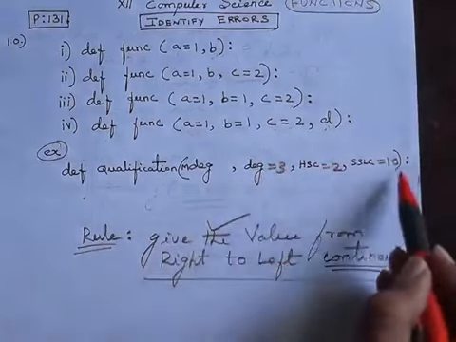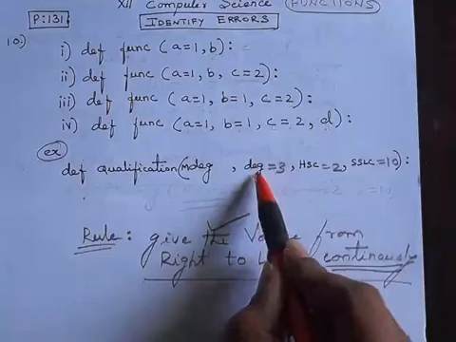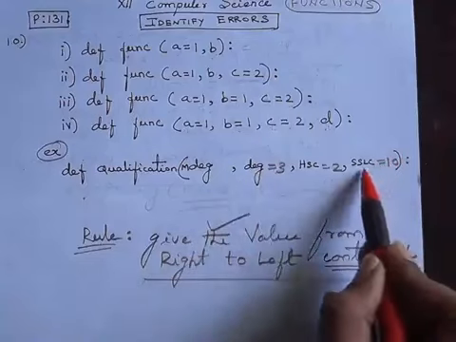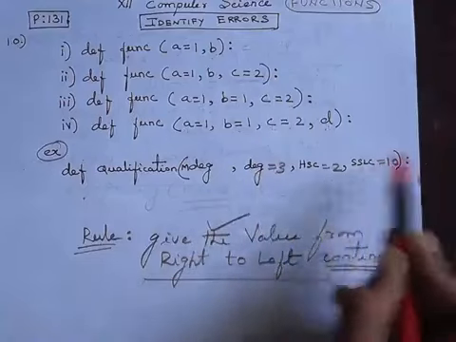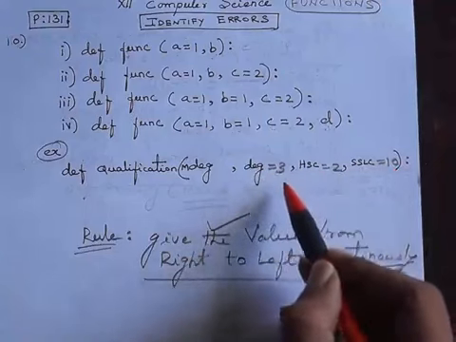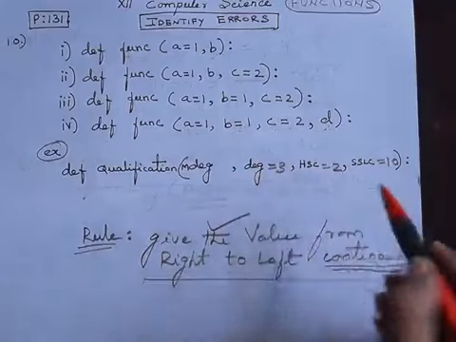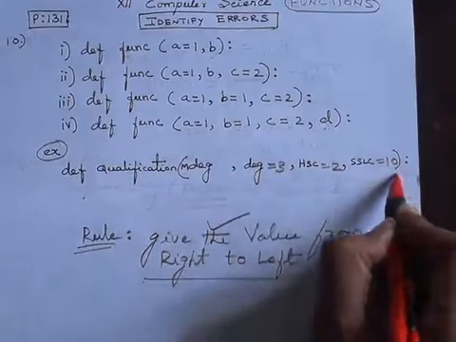Understand? If you want to give value for this degree, the third argument, first you have to finish giving value for SSLC, then higher secondary, and then degree. That means, what is the rule? The rule is you have to give value for the arguments starting from the right to the left.